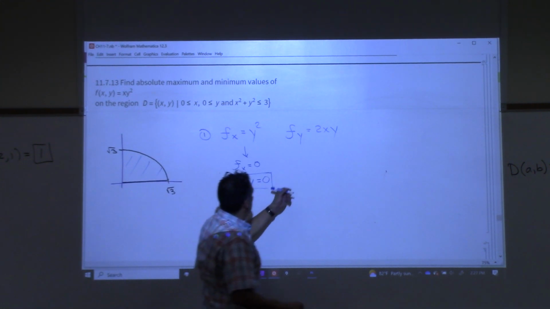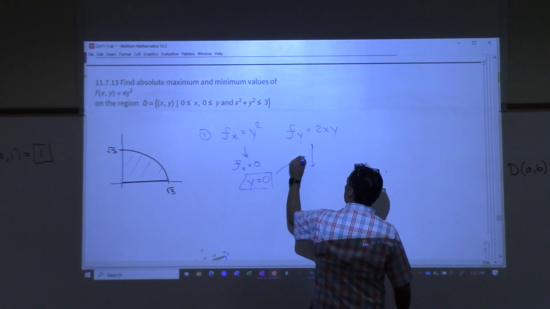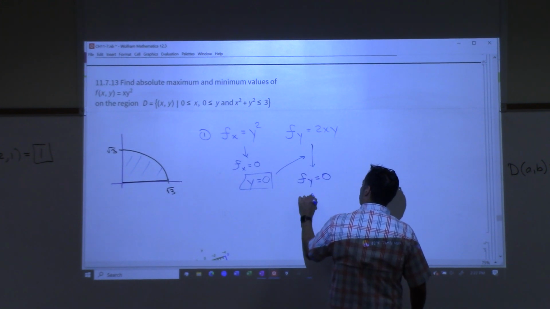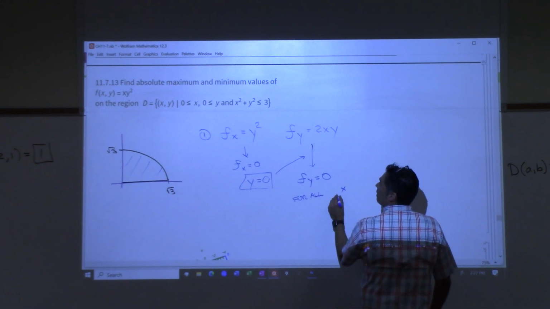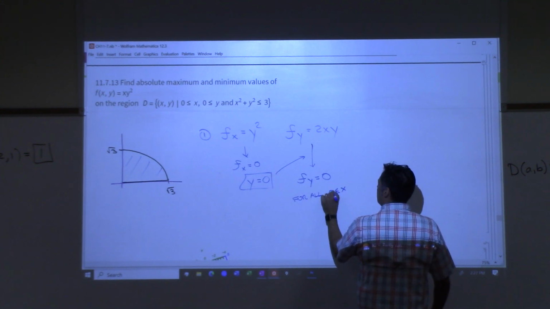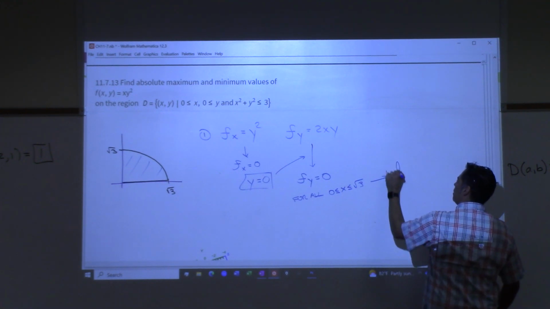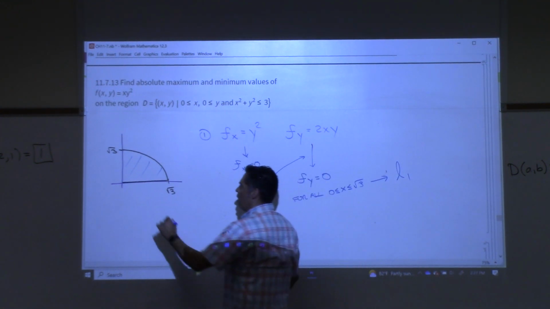So after we plug that in, we're going to get that this is 0 for all x between 0 and the square root of 3, which turns out to be L1 because I'm about to label it L1.